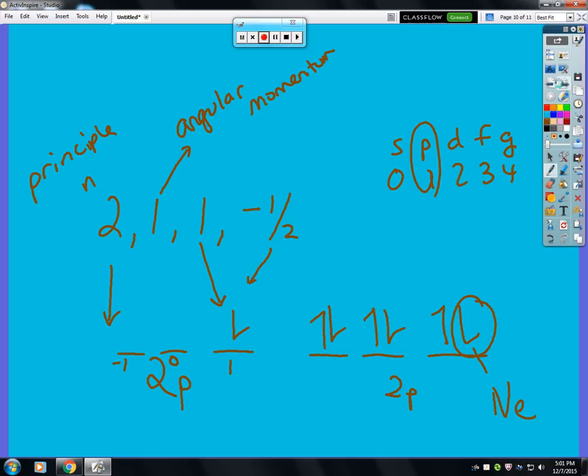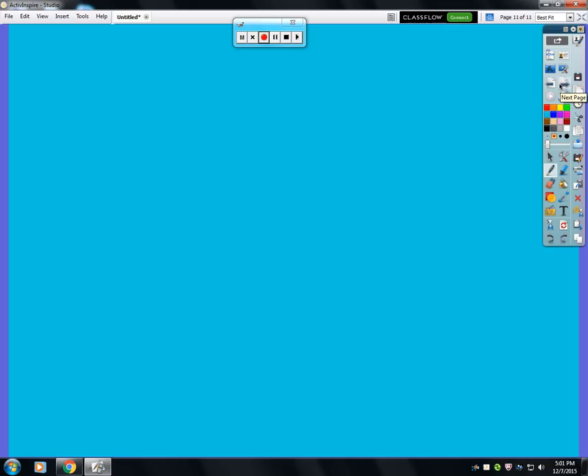Let's try one more. So I'm going to do the quantum numbers for the last electron in iron. So we did the noble gas shortcut for iron. The noble gas on the floor before iron is neon. Put it in brackets. And then I do 4s2, 3d.